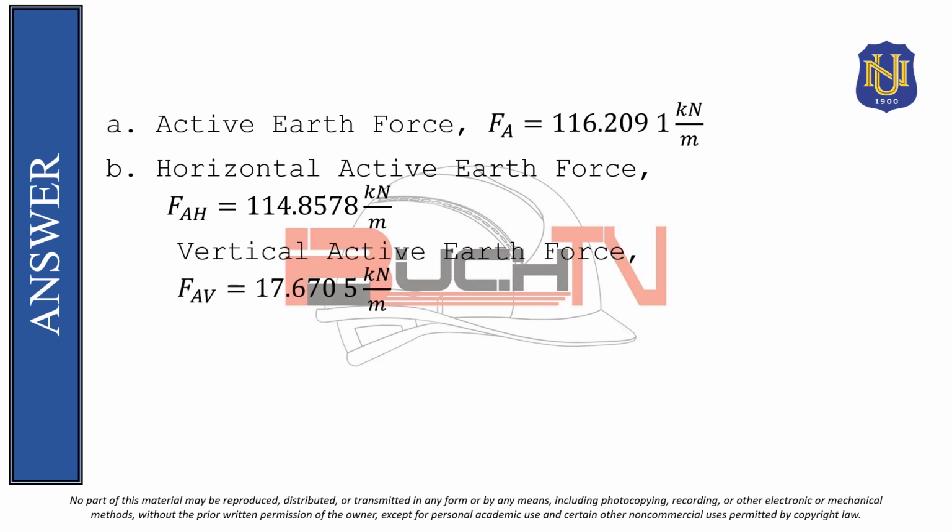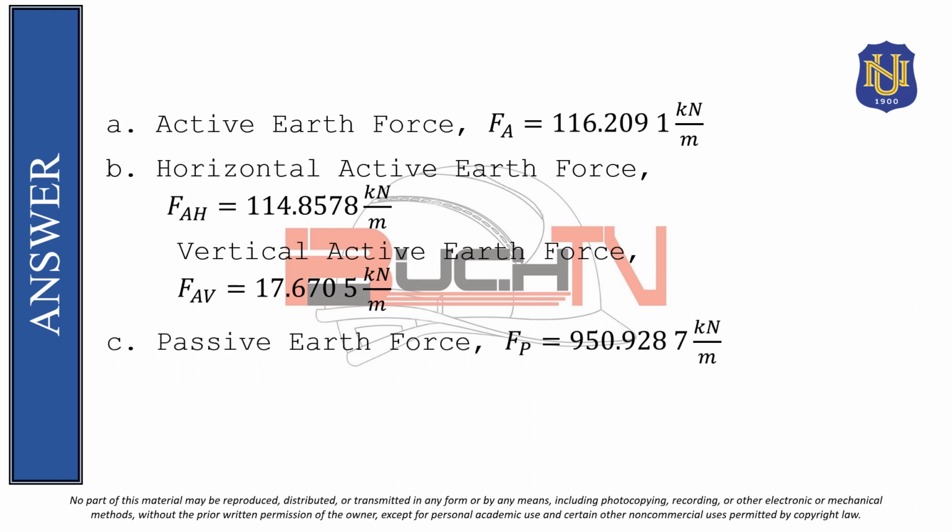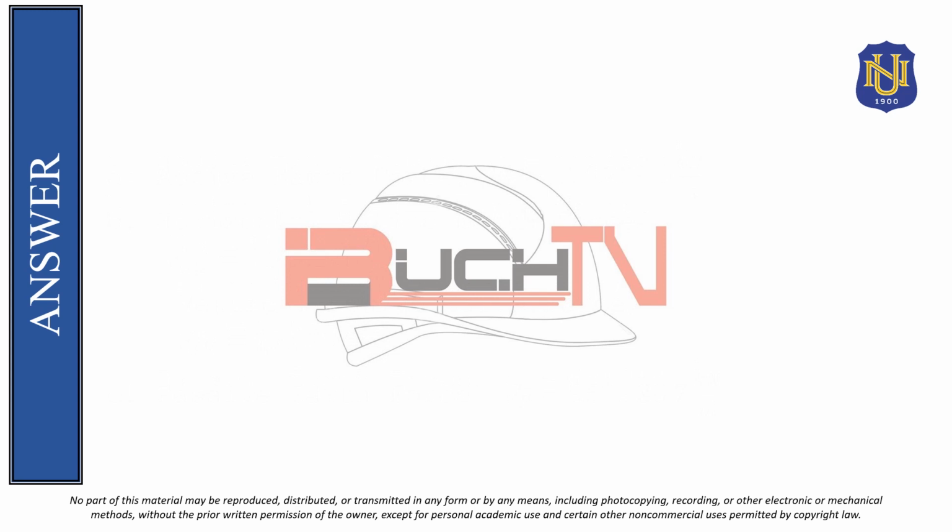And for the vertical active earth force or the vertical component, that is F sub AV is equal to 17.6705 kilonewton per meter. And for the last required, that is the passive earth force, which is F sub P is equal to 950.9287 kilonewton per meter.